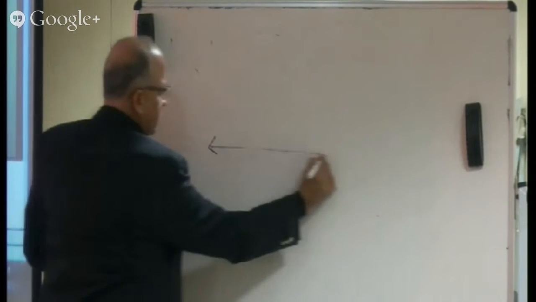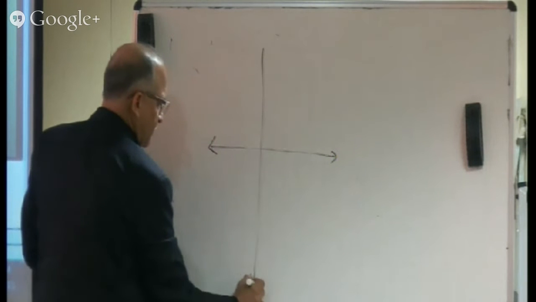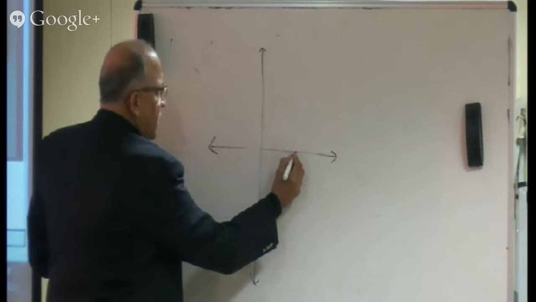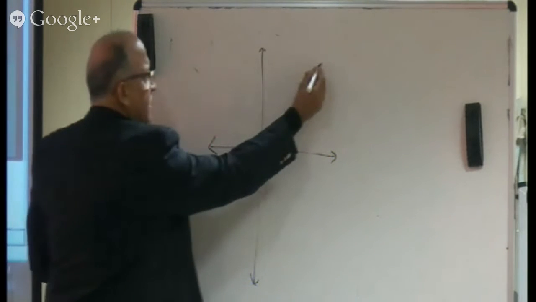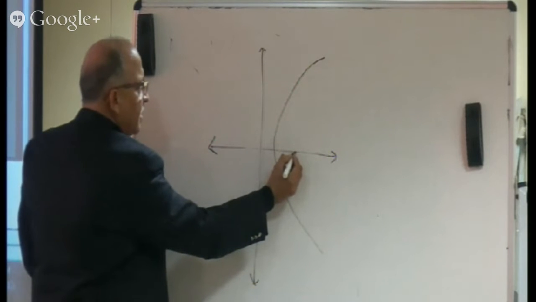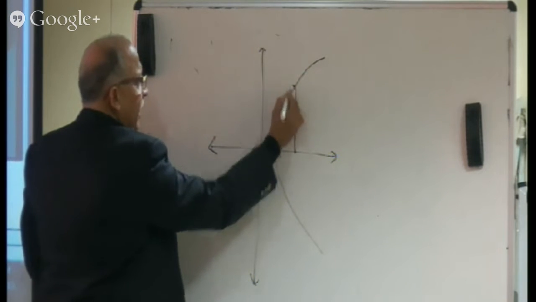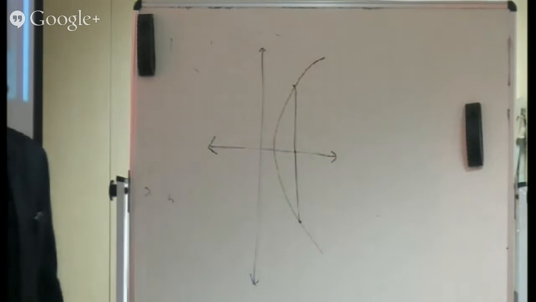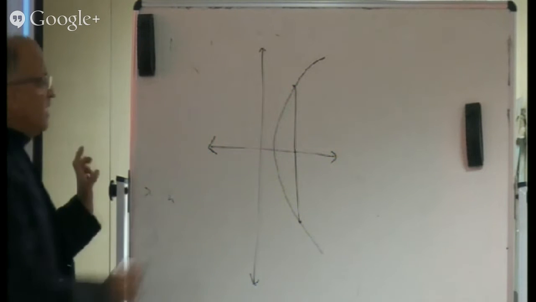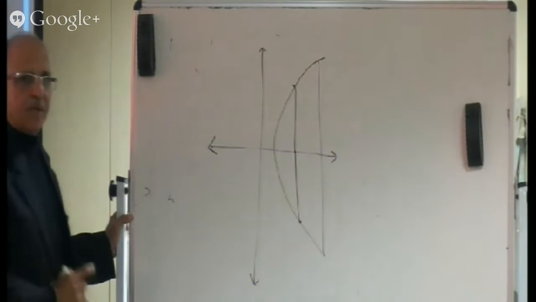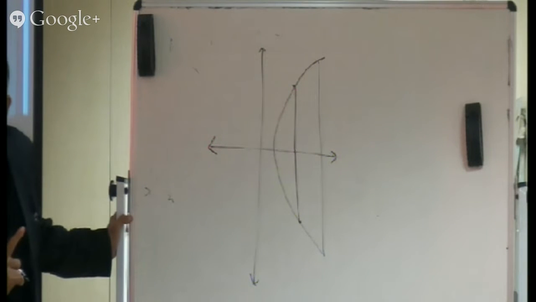Suppose this is your hyperbola, and this is the focus. If I draw any line passing through it, it is called a double ordinate passing through the focus. Otherwise, if I draw this line, this is also a double ordinate, but this double ordinate is not passing through the focus.